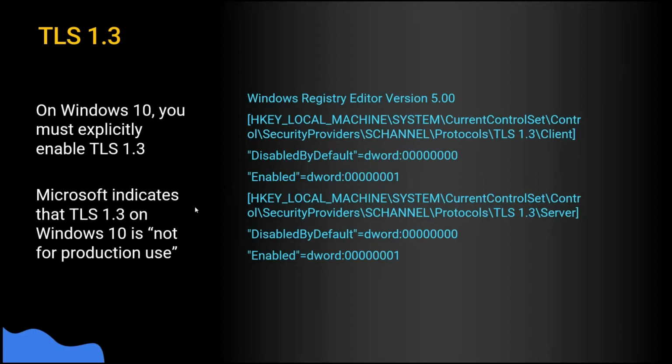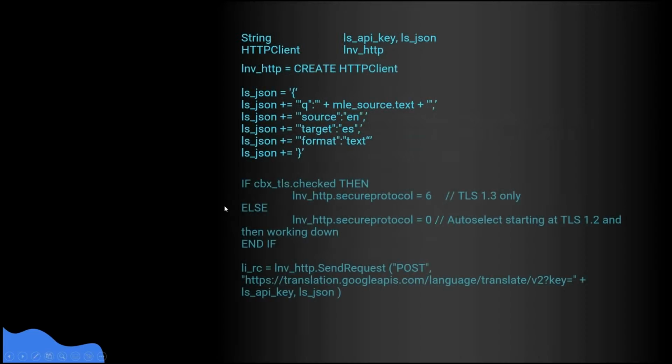It's not for production use. Frankly, even when I had these settings turned on, I tried to hit a number of websites using TLS 1.3 from PowerBuilder, and it still didn't work. So you really need to look at migrating all your clients to Windows 11 if you're going to take advantage of the TLS 1.3 feature.